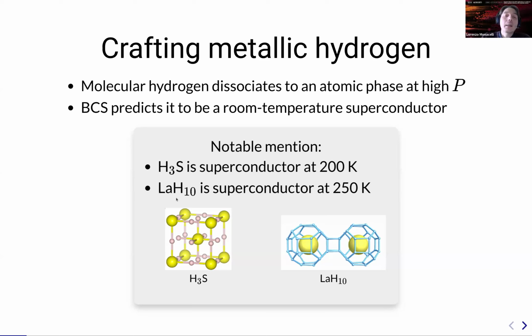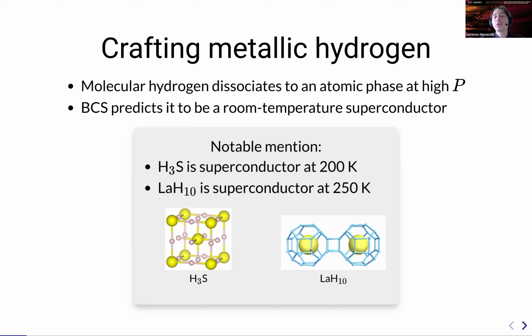And the reason why I mentioned these two compounds, and especially lanthanum H10, is that if you look at the structure of lanthanum H10, you see that the lattice of hydrogen atoms is a dissociated lattice, so we don't have H2 molecules in the lattice, and they form a fully connected lattice where lanthanum ions act as space fillers, in which they do some kind of chemical precompression.